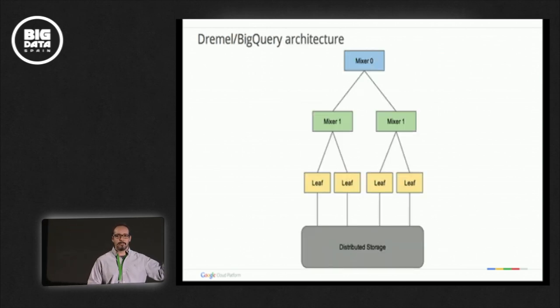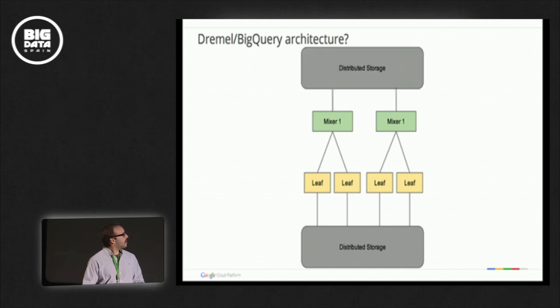We take this architecture, and we get rid of the mixer 0. This is a way where we can read all the data in parallel, and we just leave the data. We transform it, but we don't take the step of mixing it.